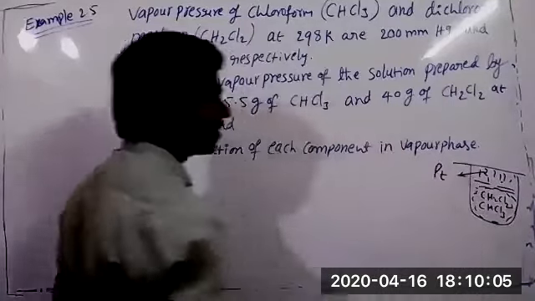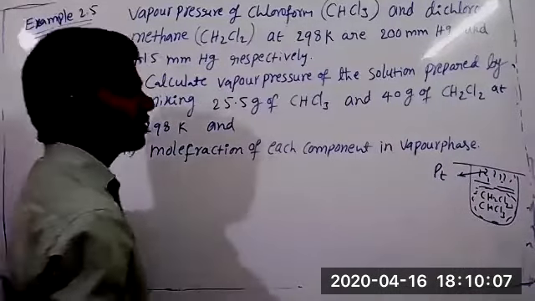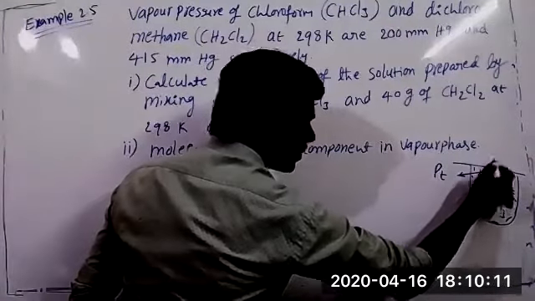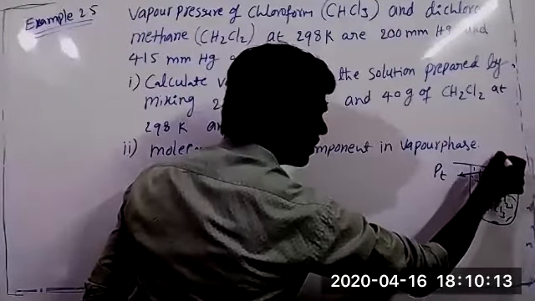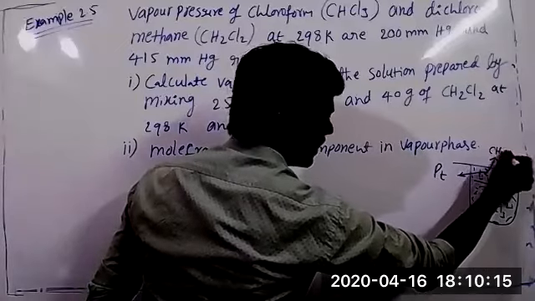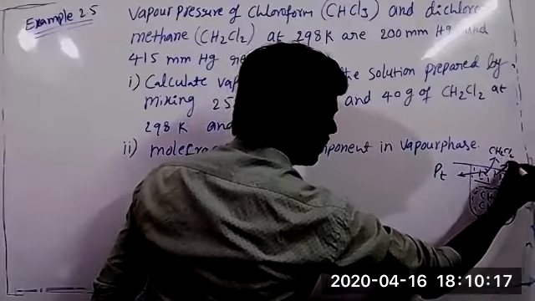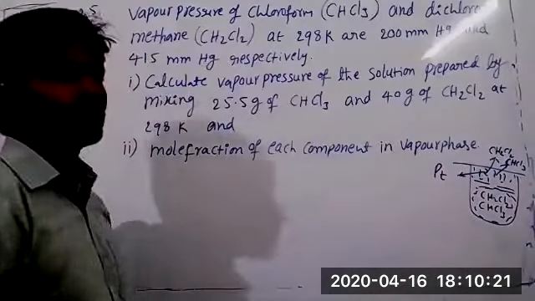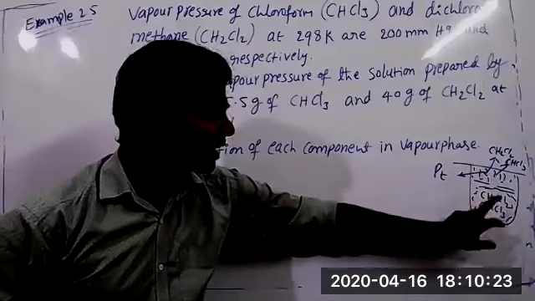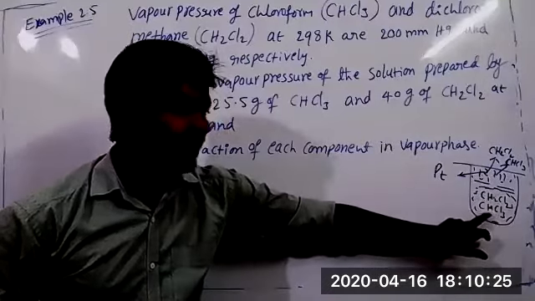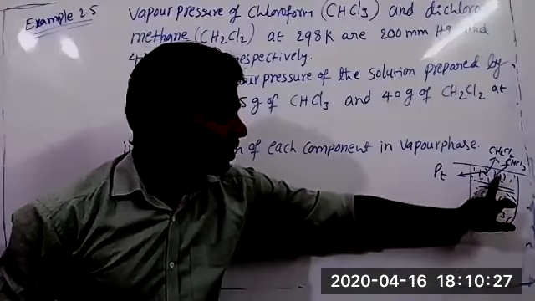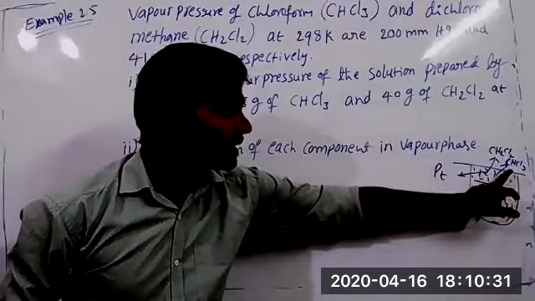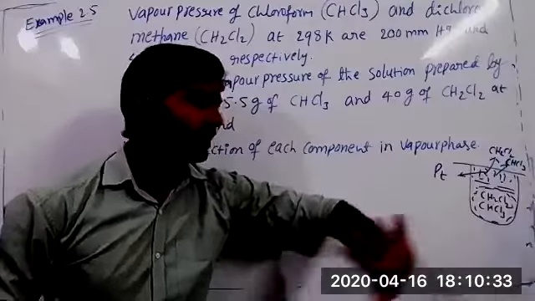Total vapor pressure is how much? And second question is, in this vapor, what is the composition of dichloromethane and chloroform? One is total vapor pressure caused by mixing the two components, and another one, what is the composition of this vapor? CH2Cl2 and CHCl3 mole fraction we have to calculate.